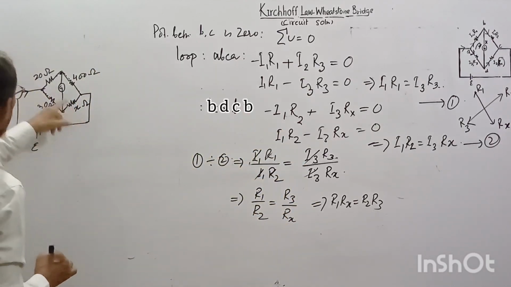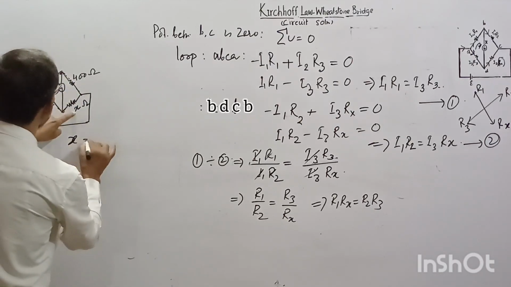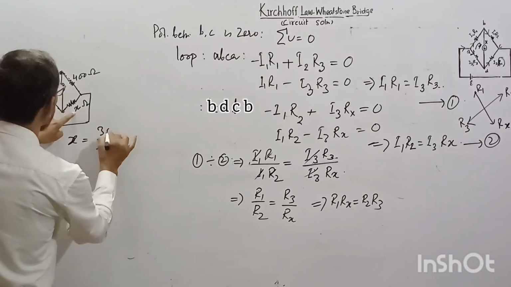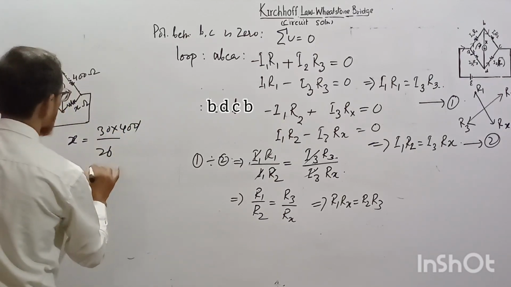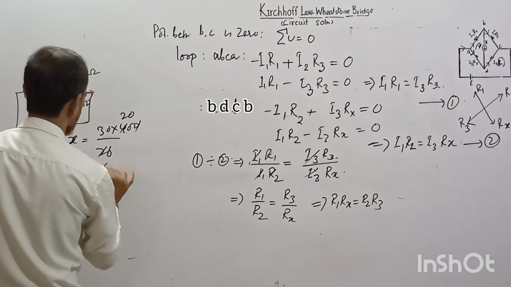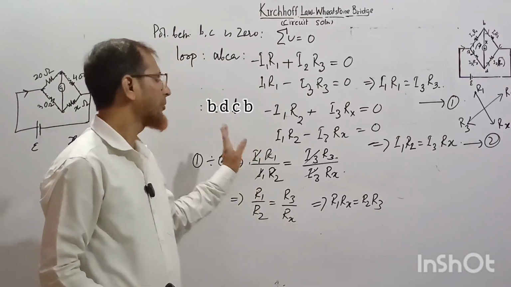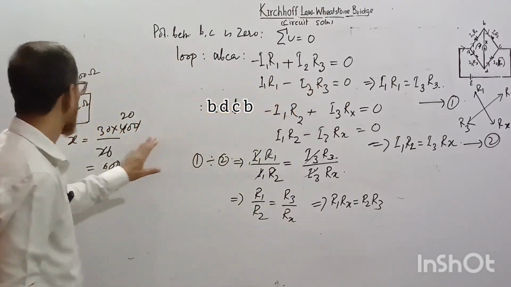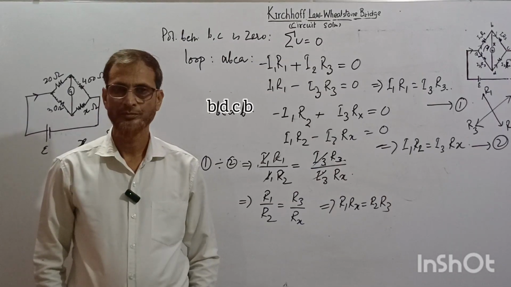Just write the cross multiplication of these two must be equal to these two, that is X is equal to 30 into 400 divided by 20. It is a very simple calculation I have done to apply this principle to find the unknown resistance.